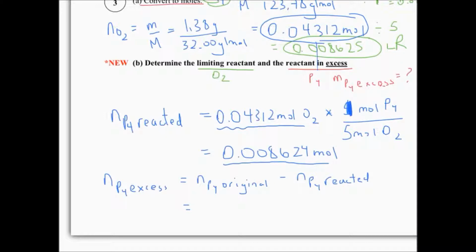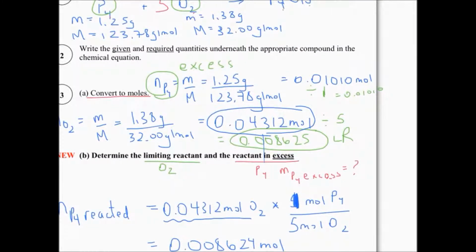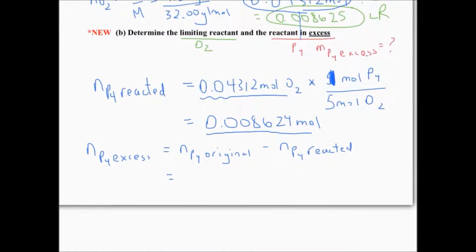Above, we see that we start off with 0.01010 moles of P4, and we reacted only 0.008624, so the leftover will be what did not react for P4.